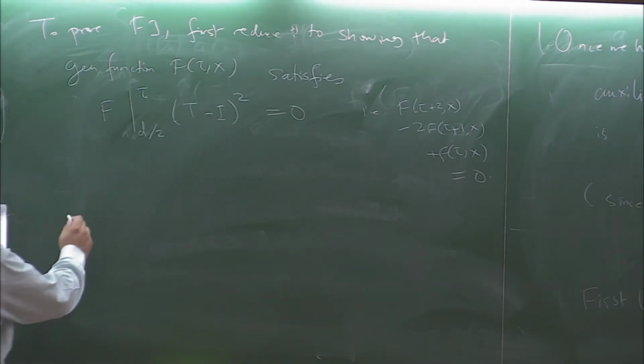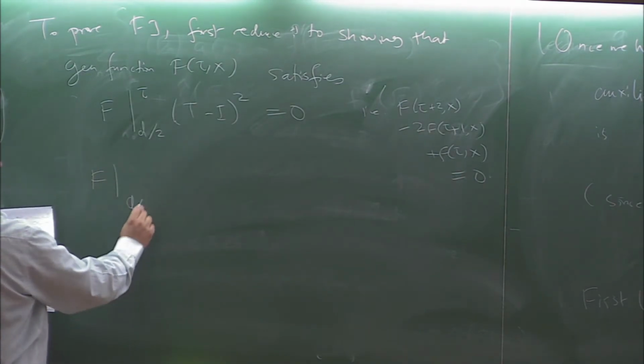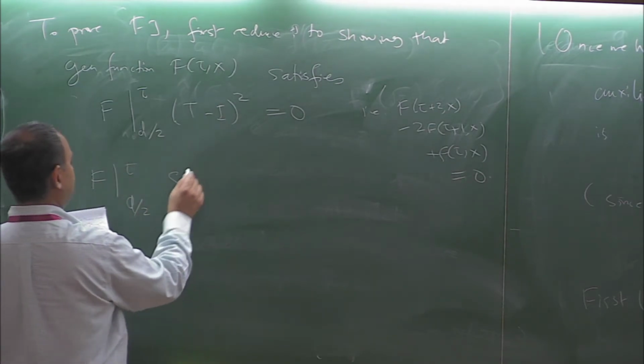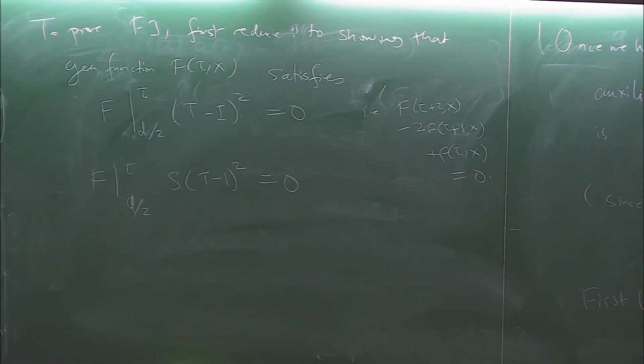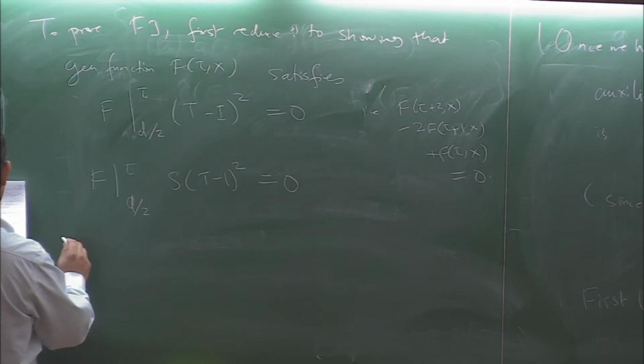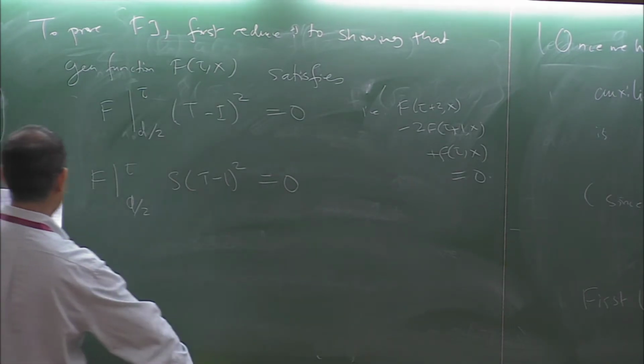And then similarly, the other functional equation: f hit by S T minus 1 squared. That's 0. Okay, so you can show that these two imply the functional equation. Okay, and equivalently, oh, sorry, this is not 0.